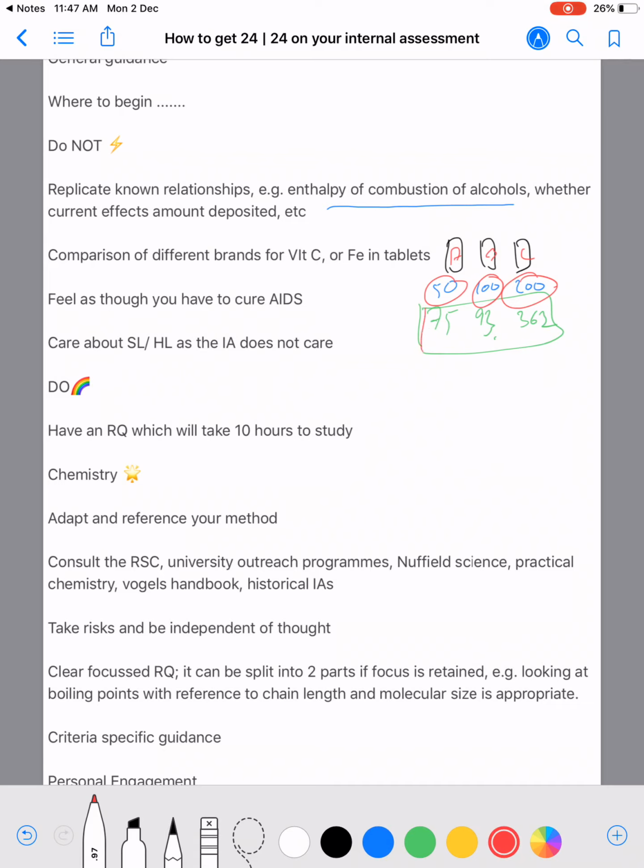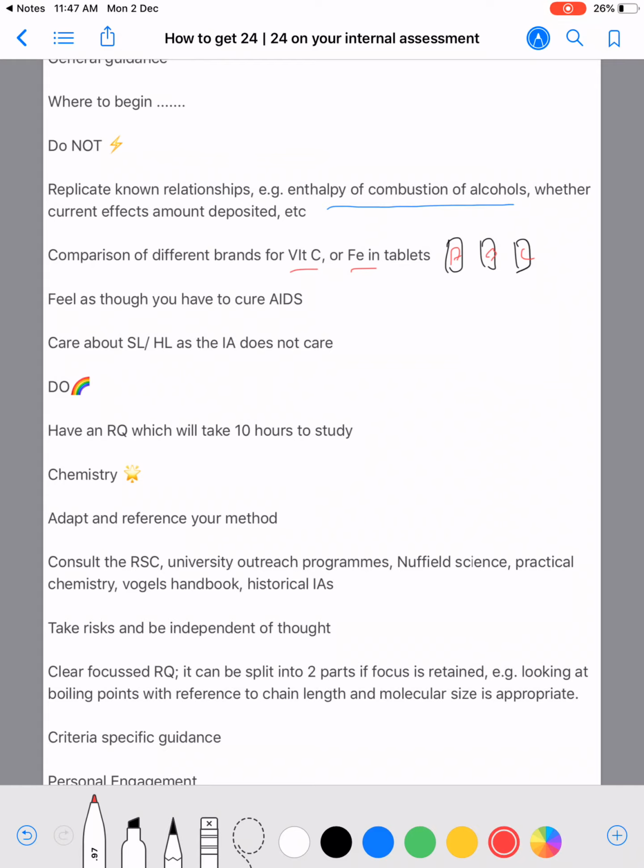All we are doing, if we do an analysis on this type of investigation, is showing how wonderful or not we are in comparison with the sophisticated instrumentation which are present in industry. The IB know that we don't have such wonderful levels of sophistication. So do not go down the road of comparing different brands for vitamin C or iron in tablets, for instance. That's not going to get you a good mark.